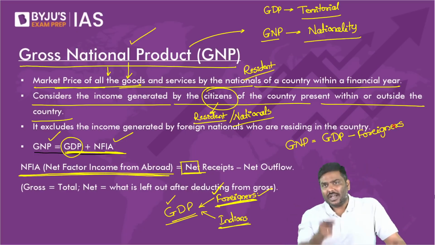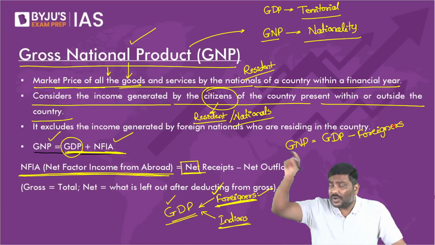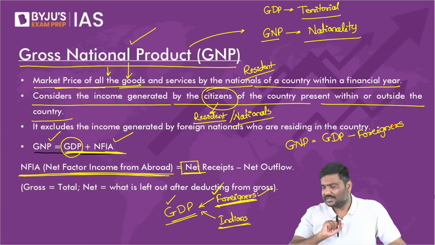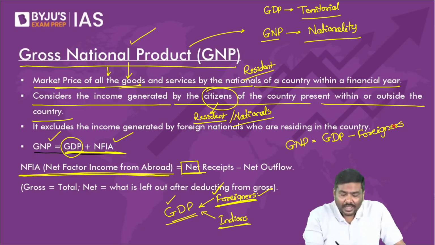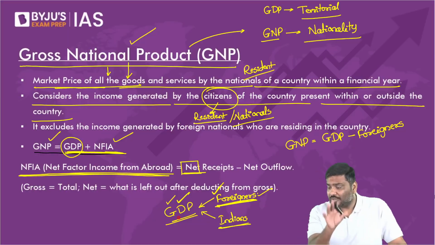what about a software engineer who is an Indian, but he is working in USA for a period of 3 months? Please tell me, is the salary included in the calculation of GDP of India? Listen to the question carefully.